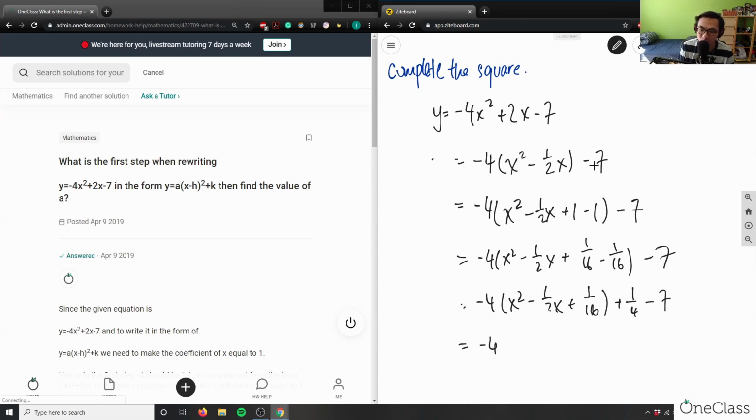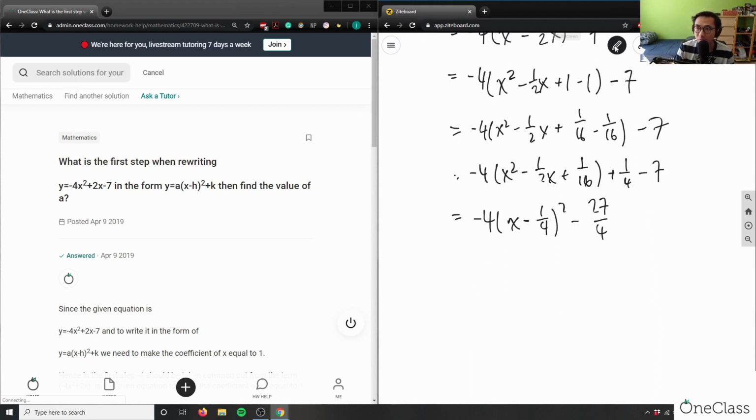So this entire equation gives me negative 4, and this is a perfect square trinomial, x minus 1/4 squared, and then 1/4 minus 7, which I'll quickly do on my calculator. 1/4 minus 7 is minus 27/4. This is the vertex form, and it follows the form y equals a times x minus h squared plus k.